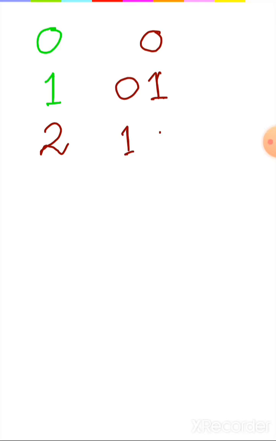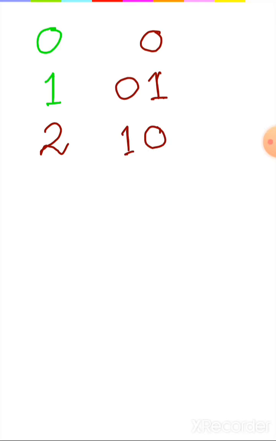So 0 in decimal is written in binary as 0. 1 in decimal is written in binary as 01. So 2, let us see 2. 2 in binary is written as 10.